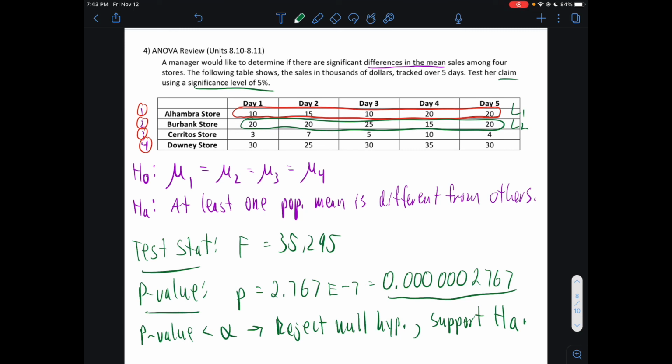A manager would like to determine if there are significant differences in the mean. That's the claim. Do we have significant differences? Yes, because we have data that supports the alternative hypothesis, which says that at least one population mean is different from the others. You could probably tell just by looking at the data which store has significantly different sales over these 5 days.